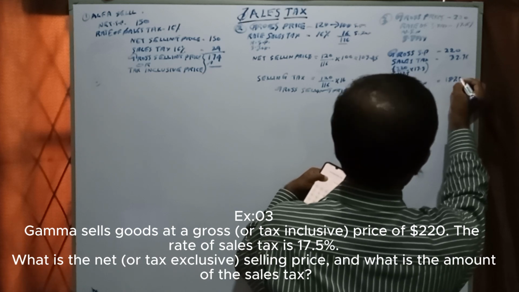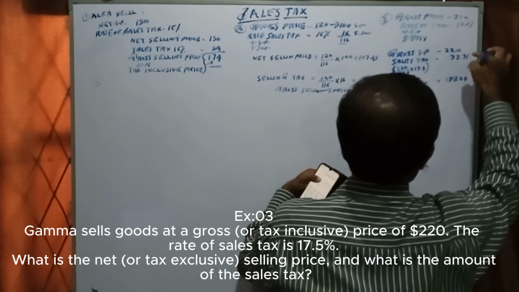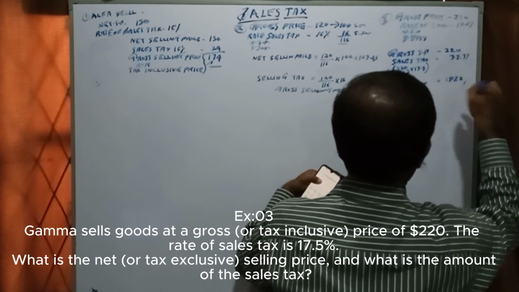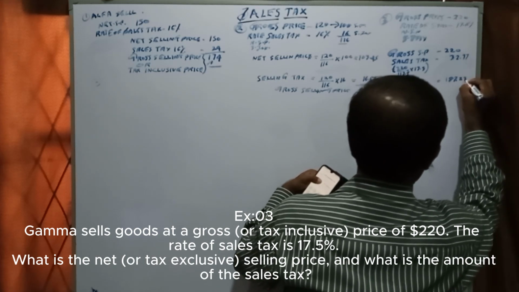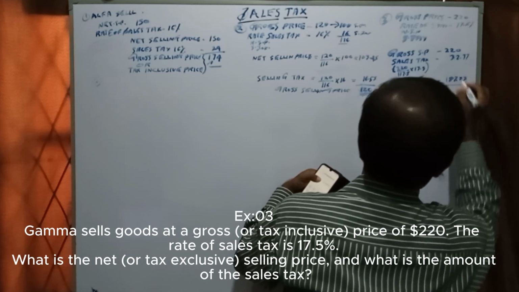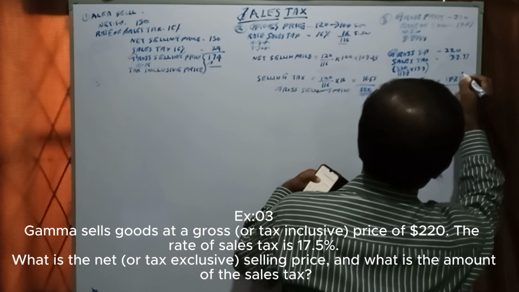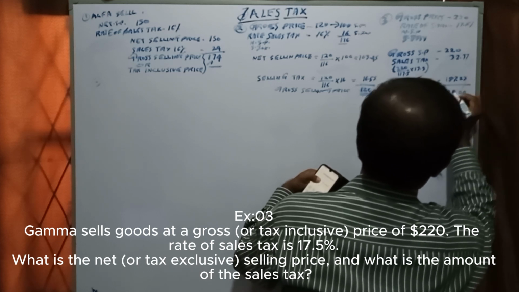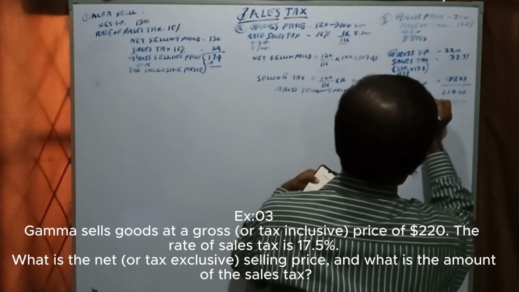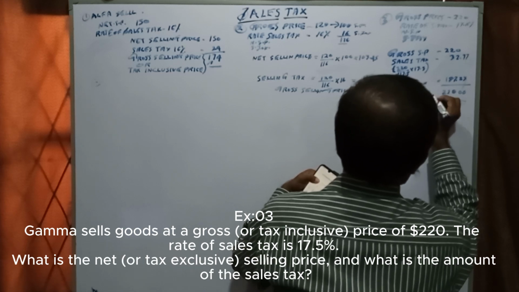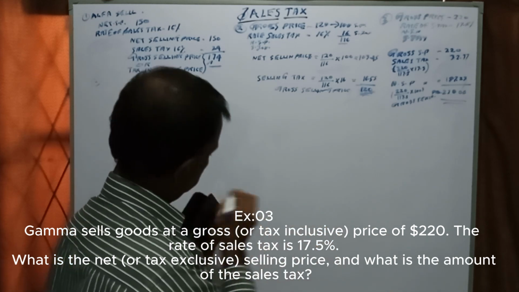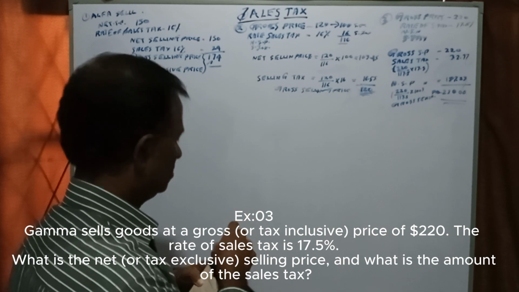The total is 220, the gross selling price. So we have completed the third one also.